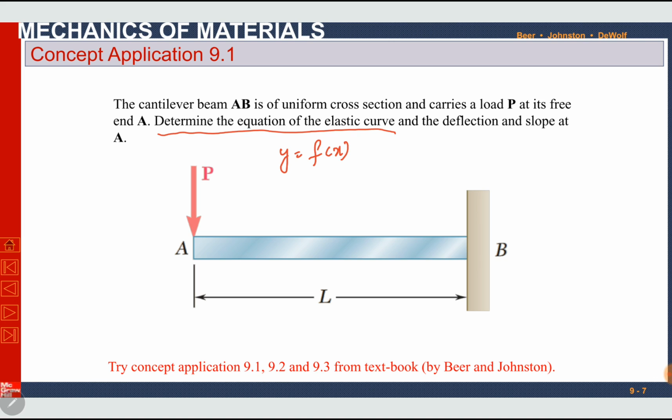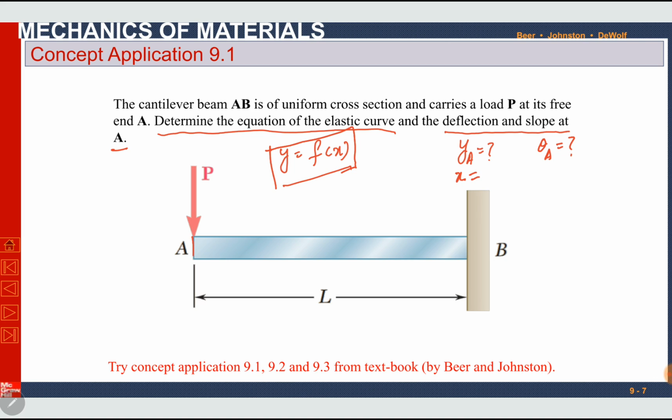So we have to find this expression: deflection y as a function of x. So first part, we will derive this kind of expression. In the second part, we have to find deflection and slope at A, deflection y_A and slope theta_A. They are unknown. Once we get the general expression for y, we can put the corresponding value of x.